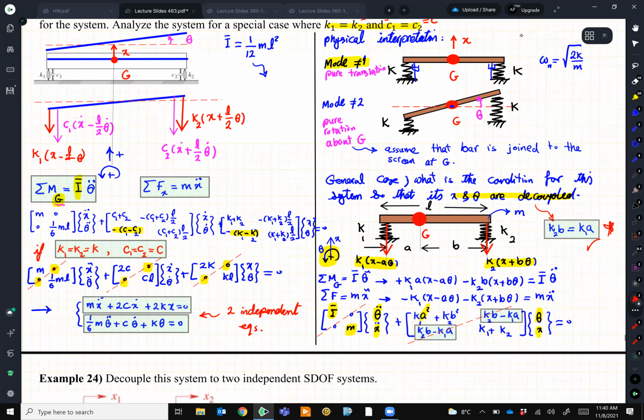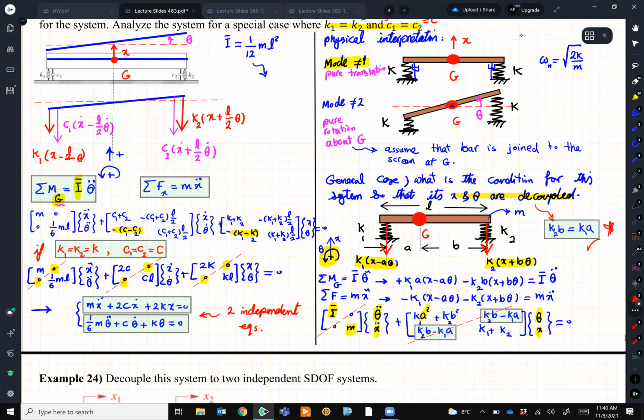And it is useful in many designs. Sometimes in a design, we don't want any rotation or we don't want any up and down. If we satisfy that condition, we will get to that. That's sort of the meaning of decoupling.